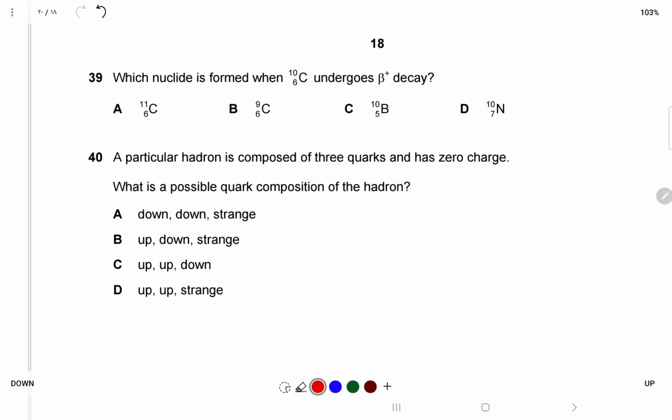Question 39. Which nuclide is formed when carbon-10 (C10-6) undergoes beta plus decay? So let's write the equation of beta plus decay. C10-6 will give beta plus, with 0 on top and plus 1 at the bottom, plus a new nucleus we don't know, but the numbers must be balanced on the top and on the bottom.